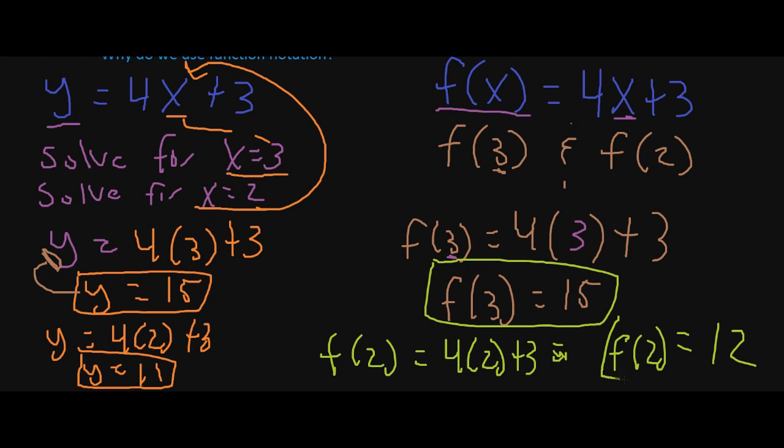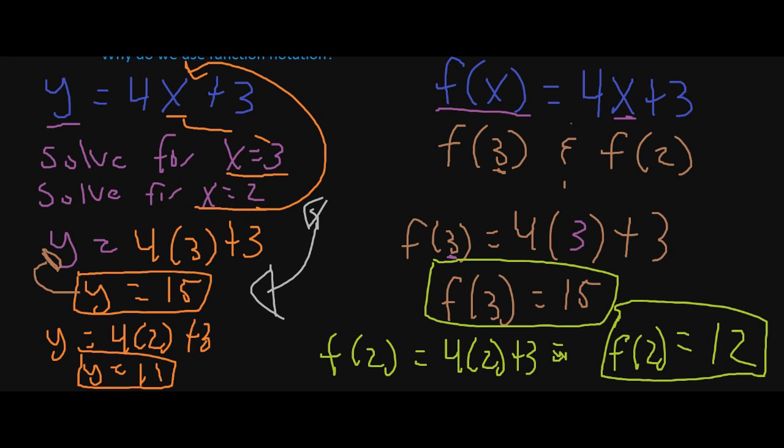There we go. So now if you look at my answers over to the right, when I look at my answer right here, I can see f of 3. So when my x value was 3, my y value is 15. So in function notation, what we just solved is identical to what we did over in this section here, except over here, I don't know which one we plugged in 3 or 2 into.